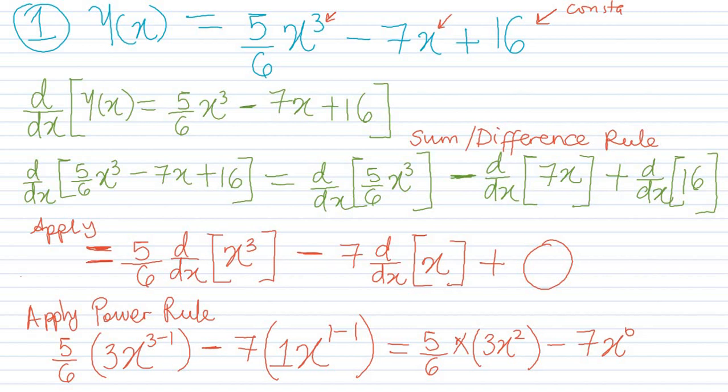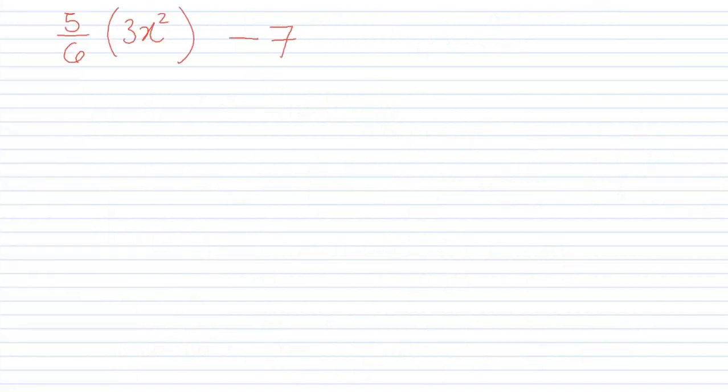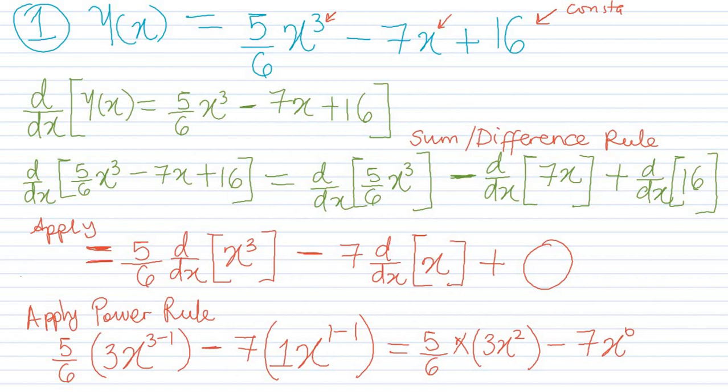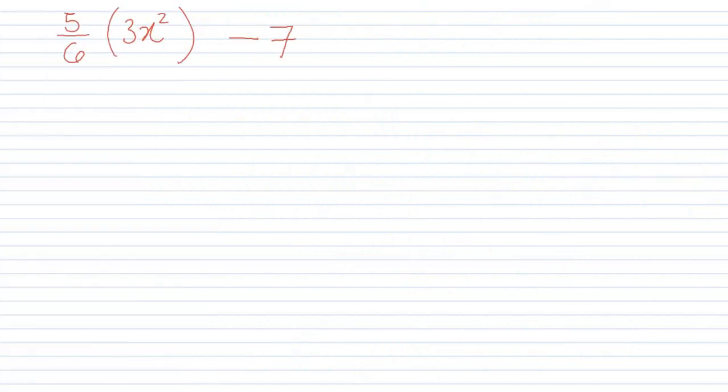A constant raised to the power of 0 is always going to give you 1. Any quantity raised to the power of 0 is always going to give you 1. That is it. That's just how it works in this math. So now we have x to the power of 0 is the same thing as times 1, right? Because x to the power of 0 is 1.